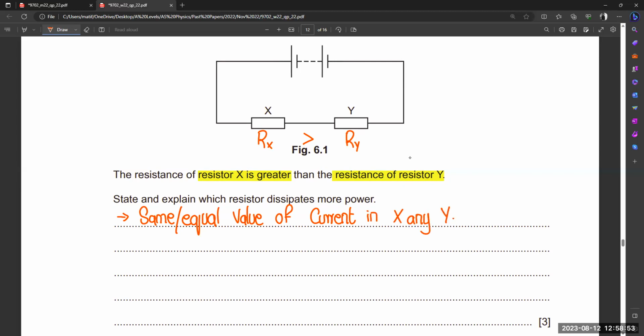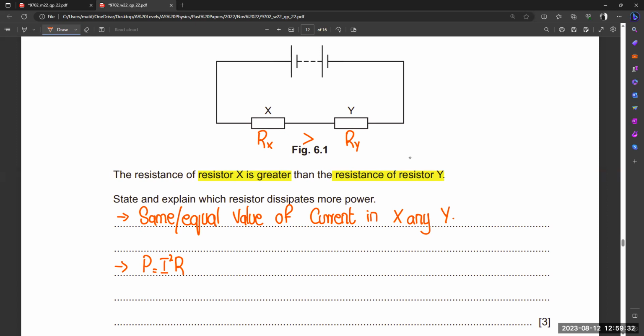The second point is that we need to use the formula of power, P equals I squared R. In power dissipation, we discussed that the basic formula of power is VI, but if we replace V with IR using Ohm's law, the new formula is P equals I squared R. In this question we can take the reference from electric current, and the resistance and the electric current give you the value of power dissipation.